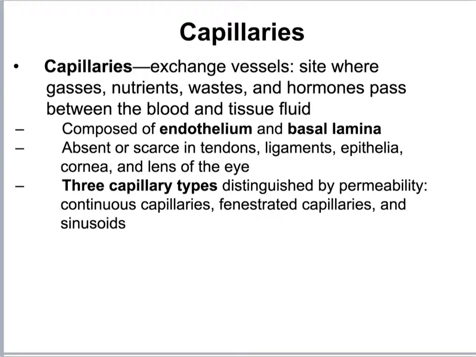This is where gases are exchanged, oxygen leaves or enters, carbon dioxide leaves or enters, and also where nutrients, wastes, fluid, hormones, everything like that passes out of the blood vessel and into the interstitial fluid. They are basically just endothelium on top of a thin basal lamina, which is a basal membrane of thin connective tissue.